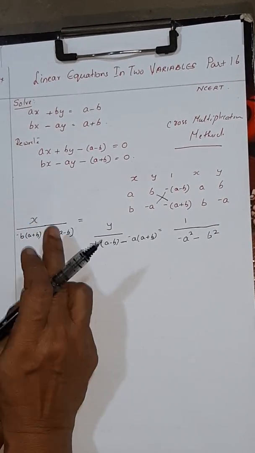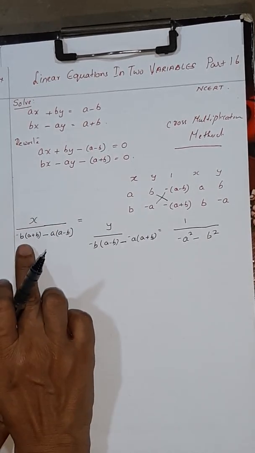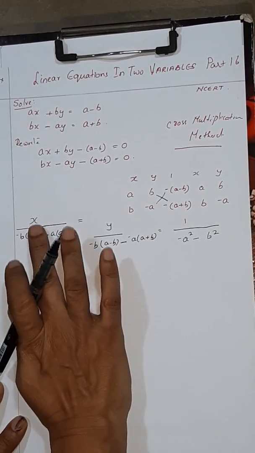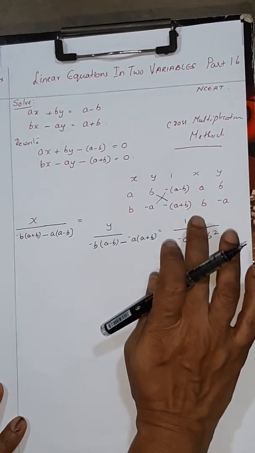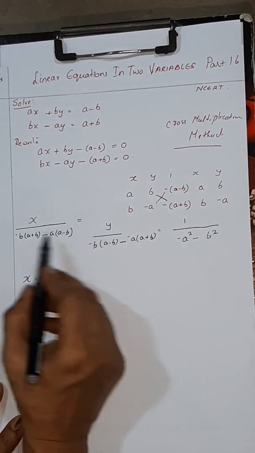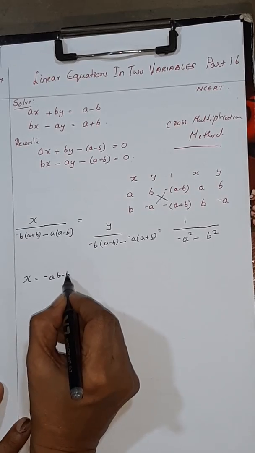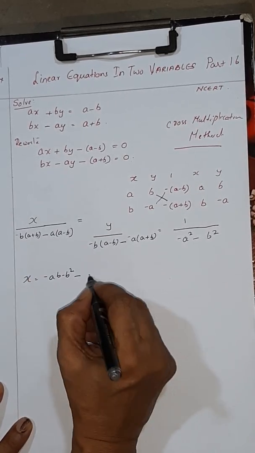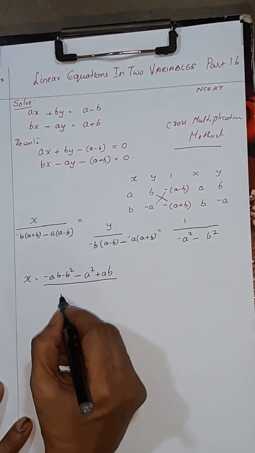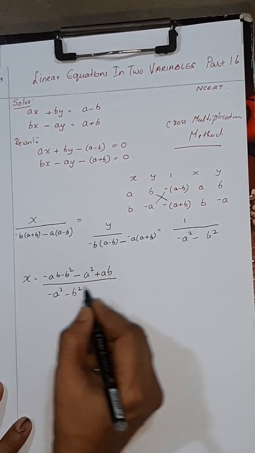So x is equal to, you can take the denominator of this fraction to the numerator here. When you write it you can also simplify along with that. So it will become minus ab minus b squared minus a squared plus ab by minus a squared minus b squared.